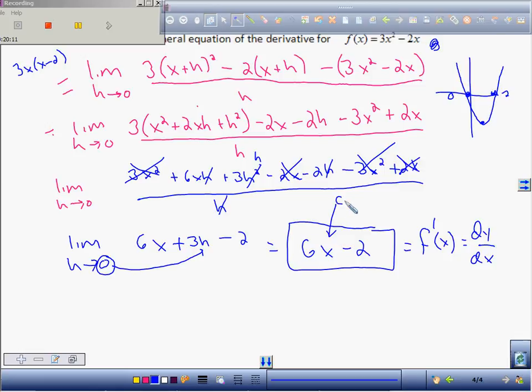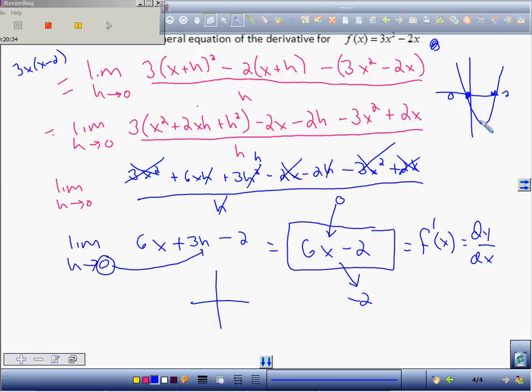So if I plug in 0 in here, what do I get out? Sorry, I get out negative 2.